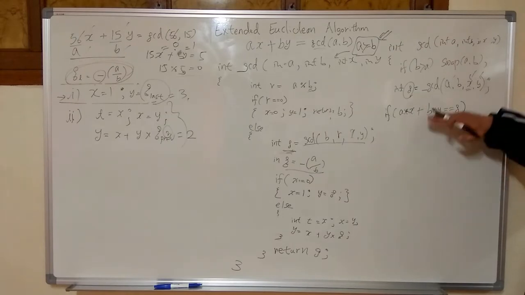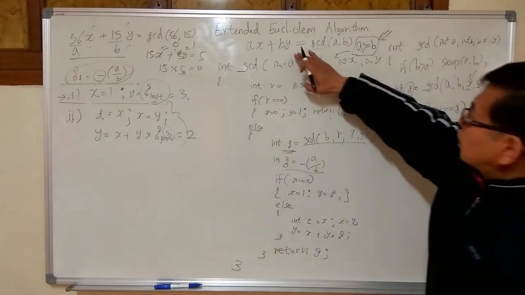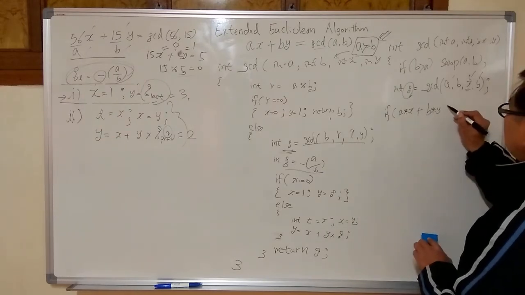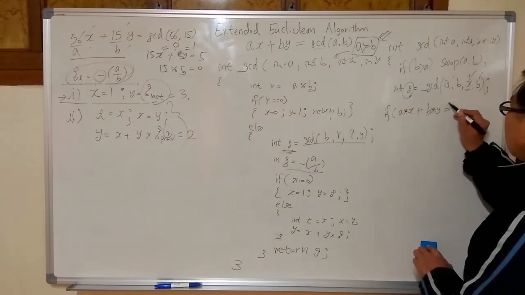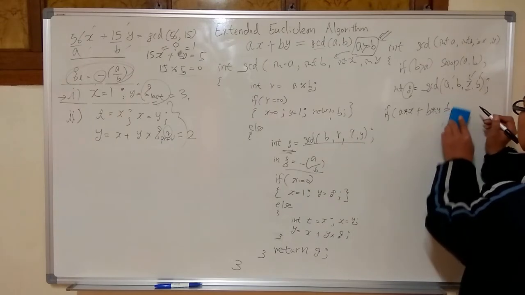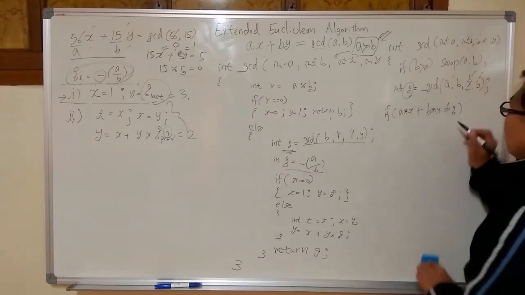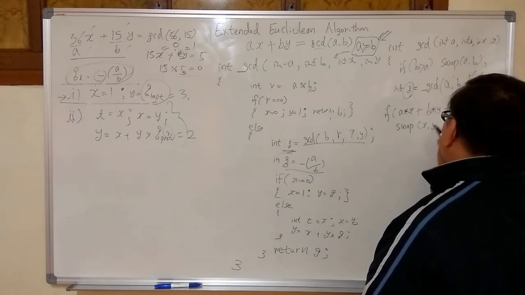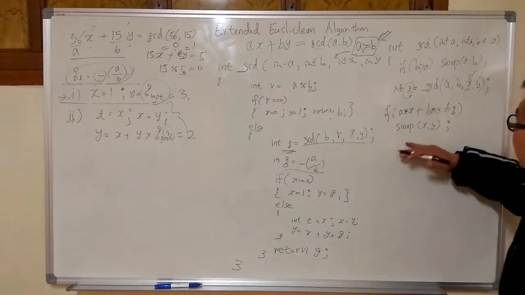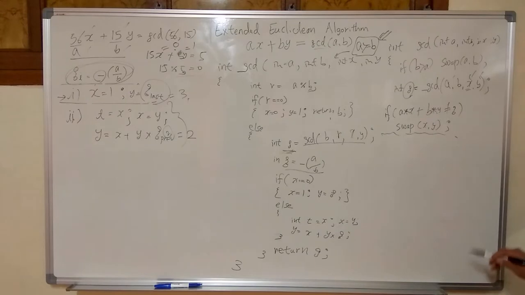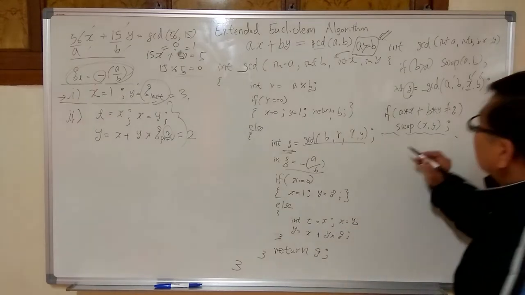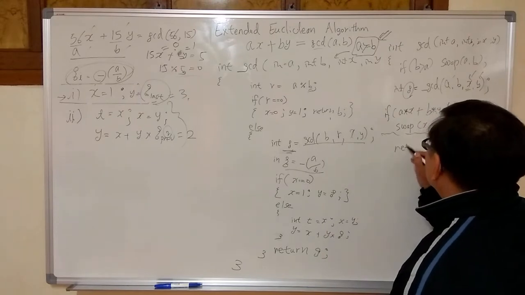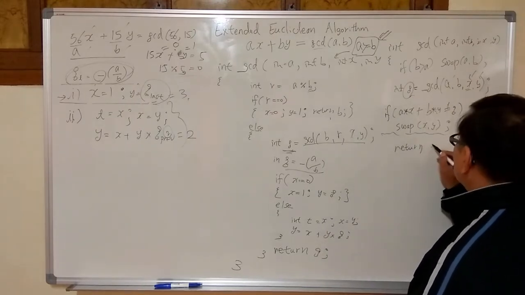Means if this equation holds, no, not equal G. This is G. Then we have to swap x, y. This is very important, right? This is very important. So then we end. Then we return G.